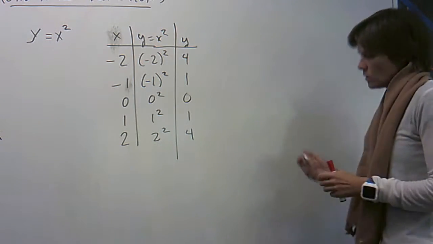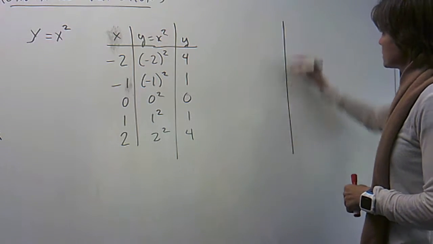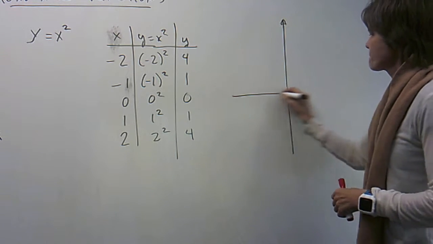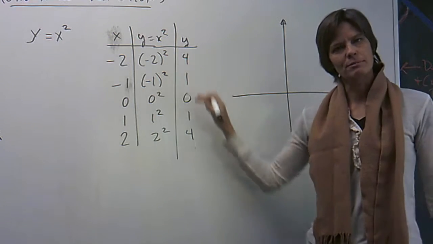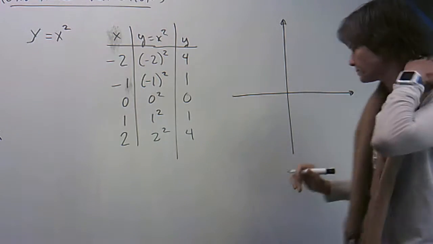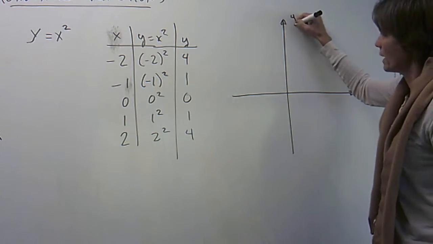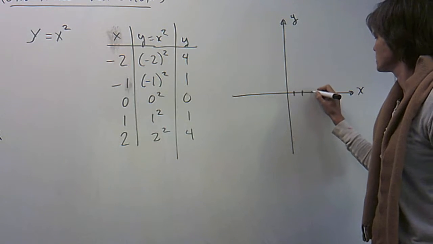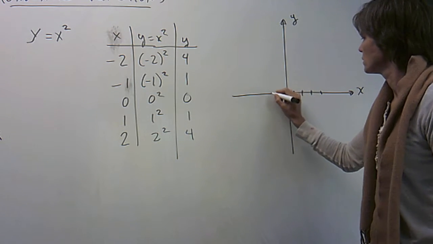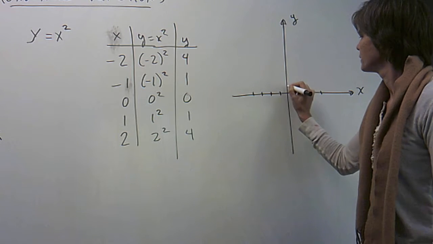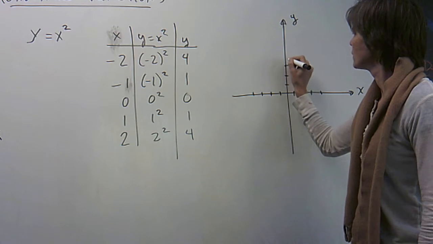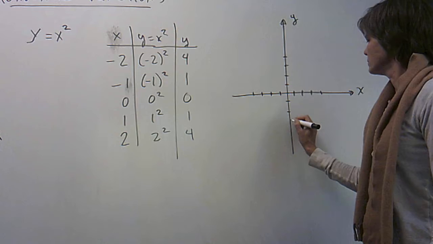Hi. So let's plot this, okay? We're probably going to have to do some in-betweens, all right? So here's x, and here's y. I'm going to give it some little marks so we feel good about ourselves. Boom.